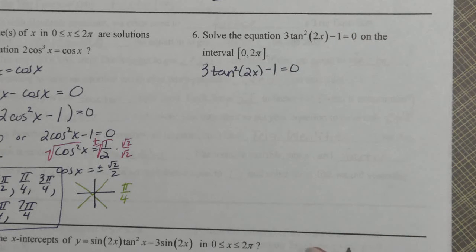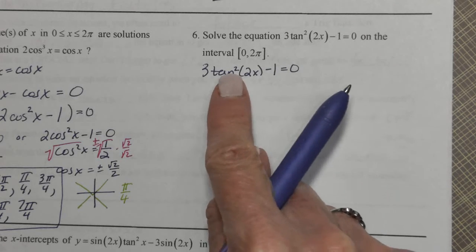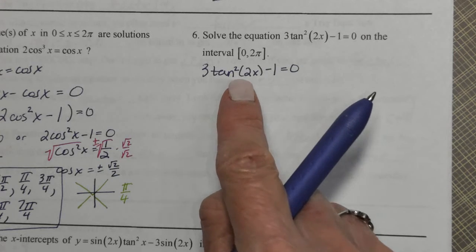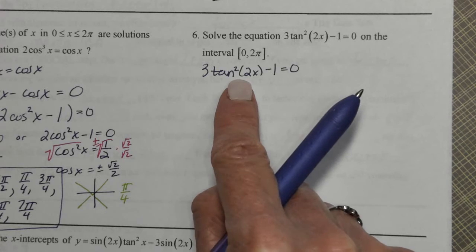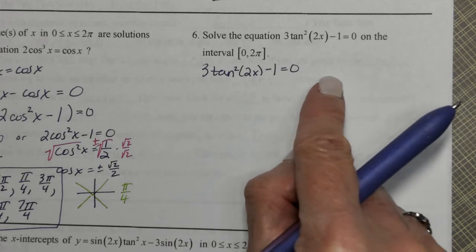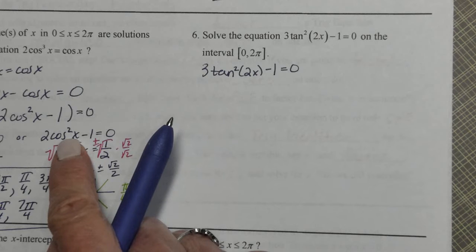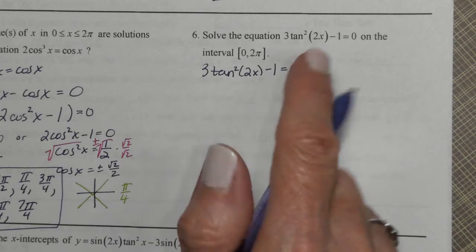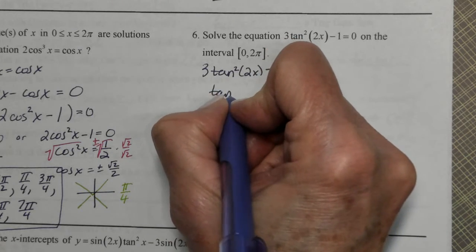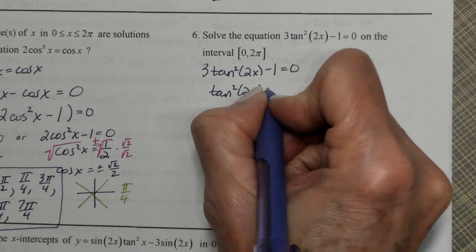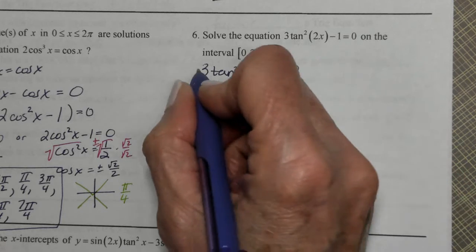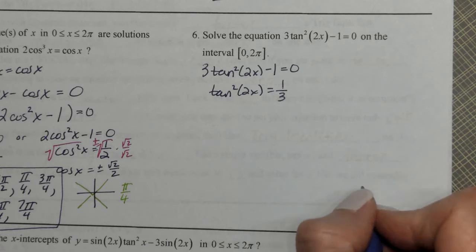Okay. So this is one where I just see a tangent squared. If I just see a trig function squared, I'm going to move all my numbers to the right and square root both sides, just like we did over here. I'm adding 1 to both sides and then I'm dividing by 3.